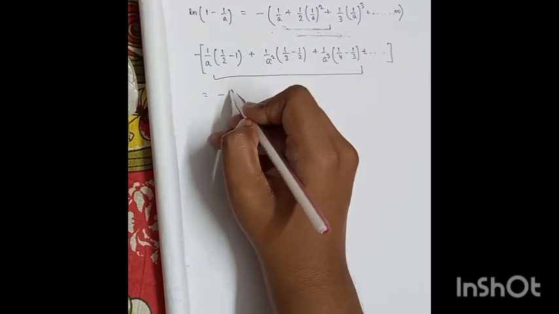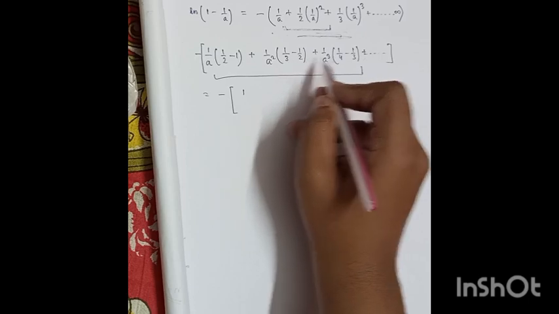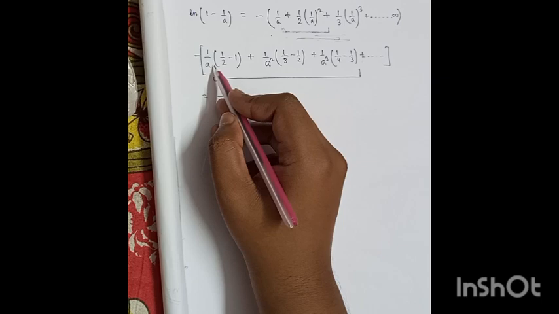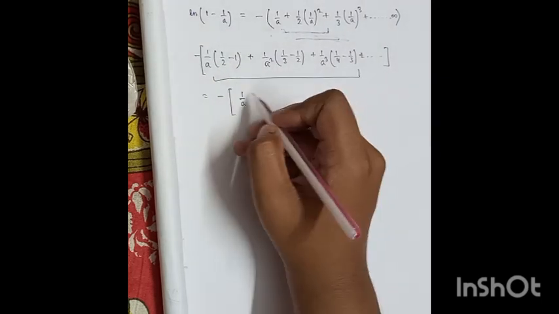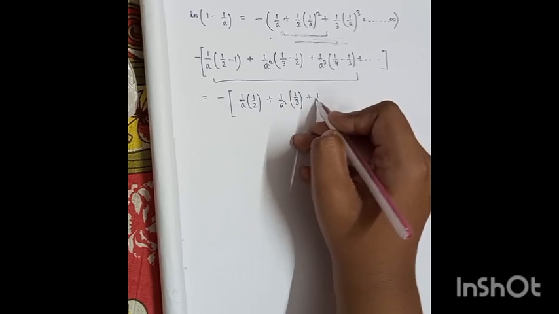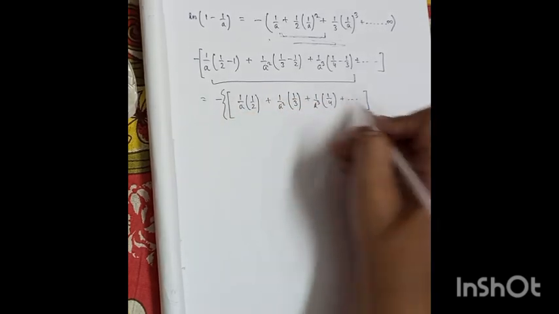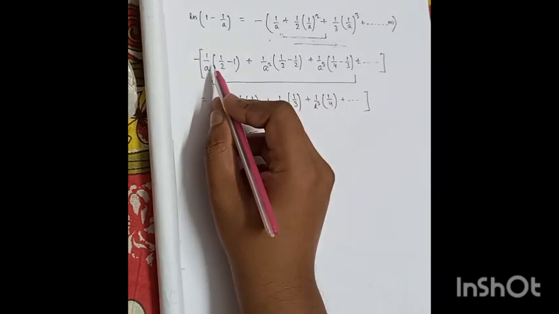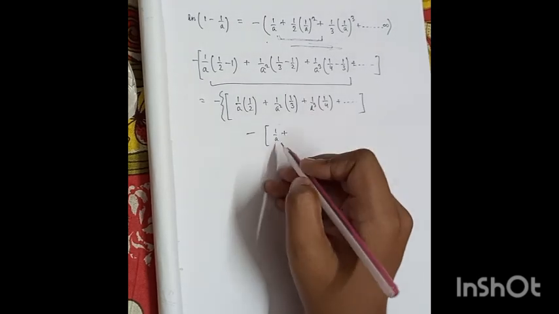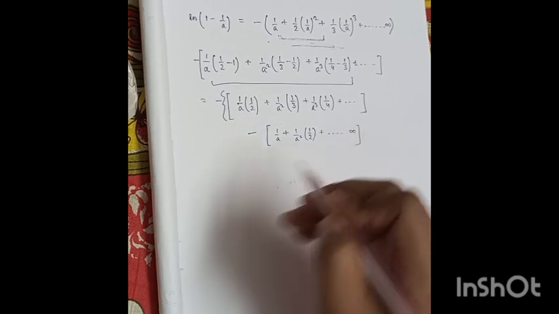So if we simplify this expression, let me take the negative terms together. Let us split the series into two parts: 1 by a into half plus 1 by a square into 1 by 3 plus 1 by a cube into 1 by 4, plus so on, this part is different, and then negative will come as common, and then this part, 1 by a square into half, then simply up to infinity.